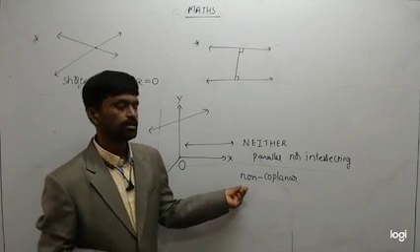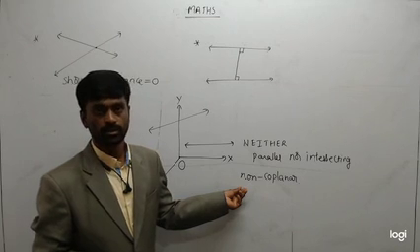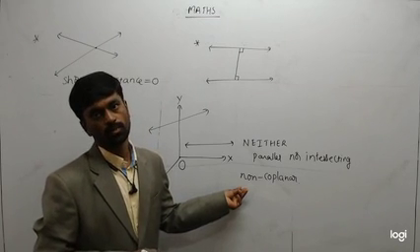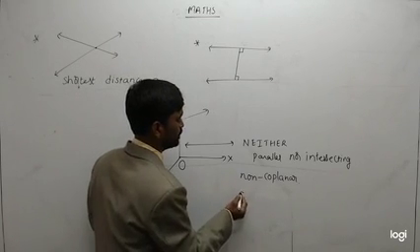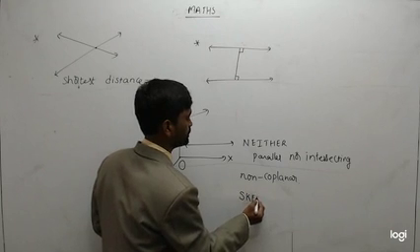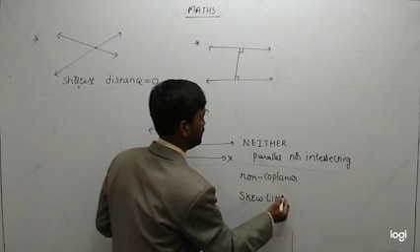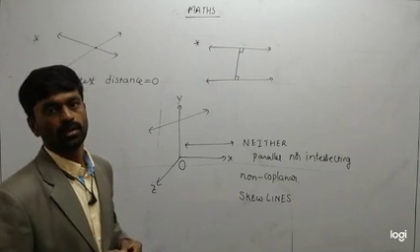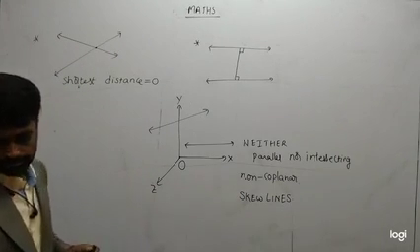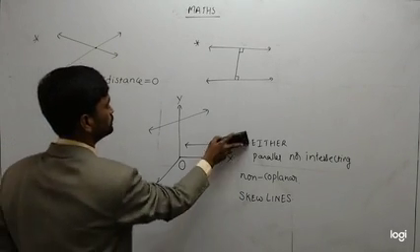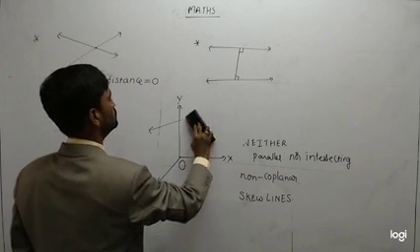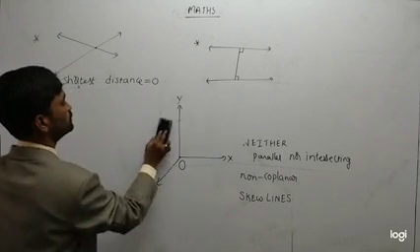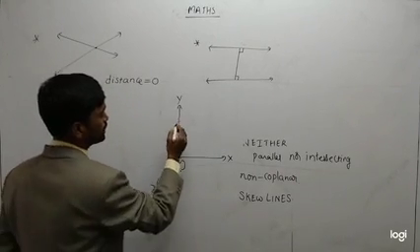So obviously the lines are non-coplanar, and such lines are called skew lines. Okay. So consider a cuboid.